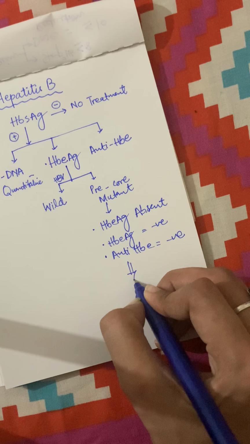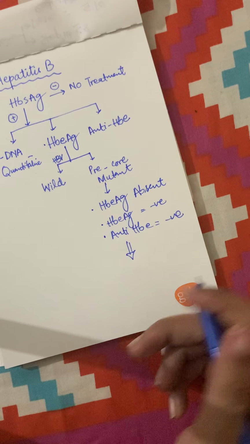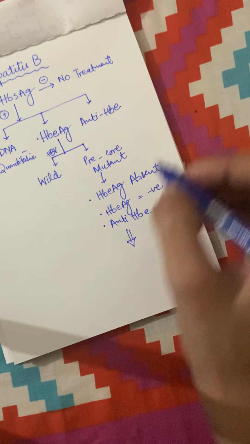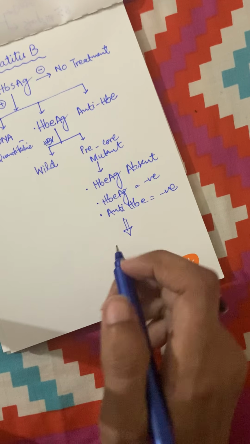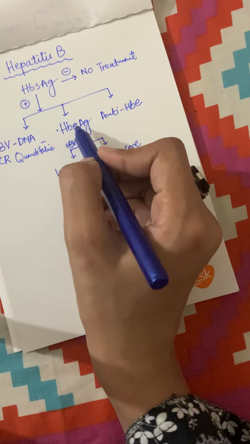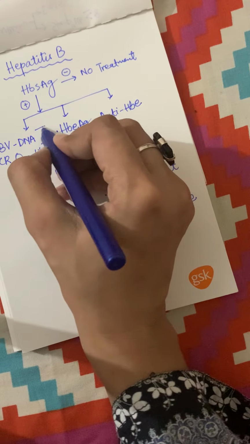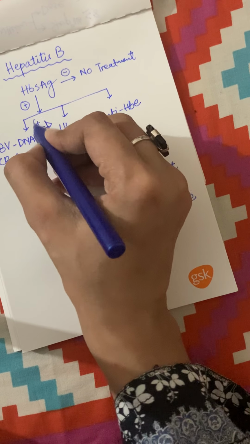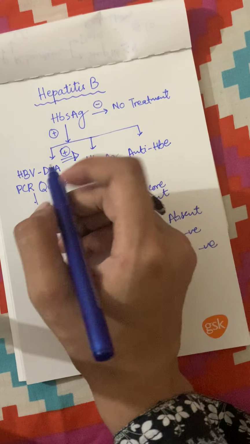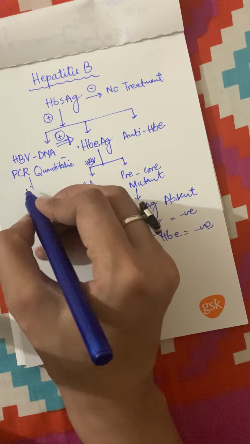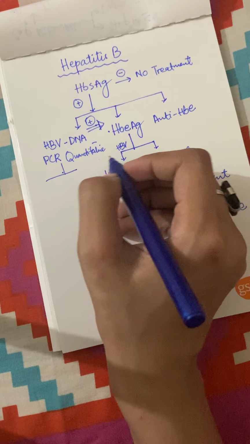In this scenario, we have to start the treatment. We perform the E antigen and antibody tests when PCR is positive. If the PCR is negative, then we do not perform E antigen and antibody.